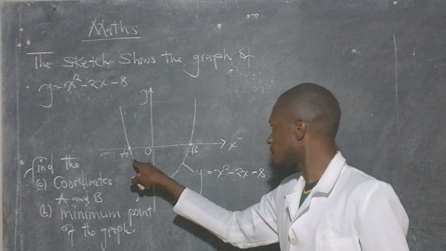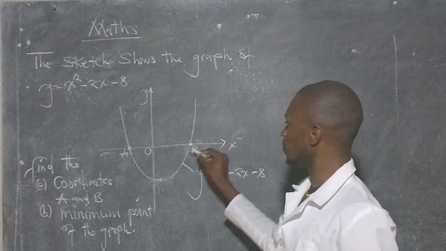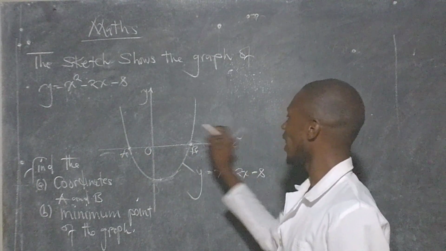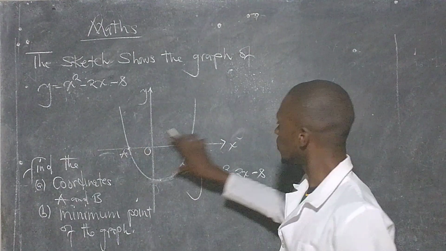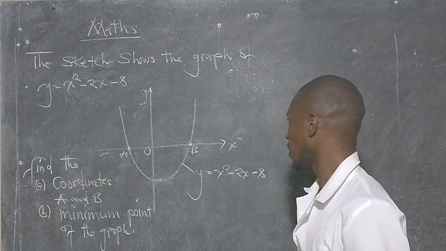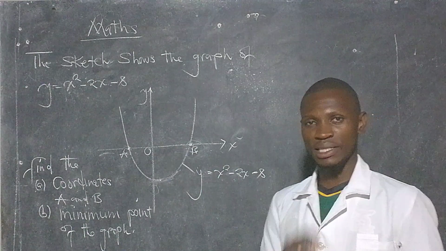A is on the negative part, then B is on the positive part. So we're expecting A to have a negative value and B to have a positive value.